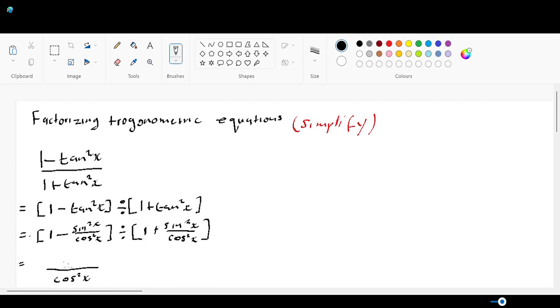So let's start with the first term on our bracket. If you say cos squared divided by 1, it's going to give us cos squared x multiplied by 1. So we're going to have cos squared x.